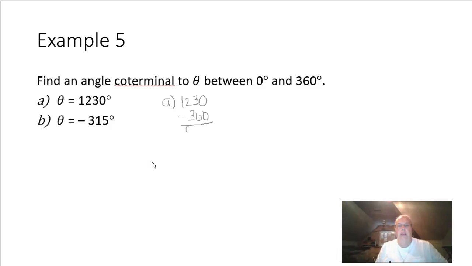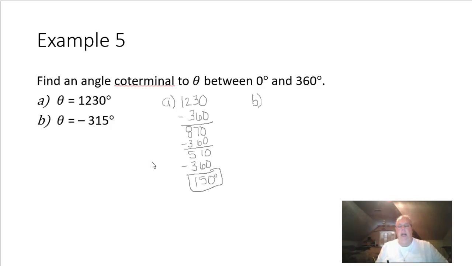Now when I first subtract here, this is going to give me 870. And then I subtract 360 again. This is going to give me 510. And then when I subtract 360 again, this is going to give me 150. And so 1,230 degrees is the same thing as 150 degrees. They are coterminal to one another.